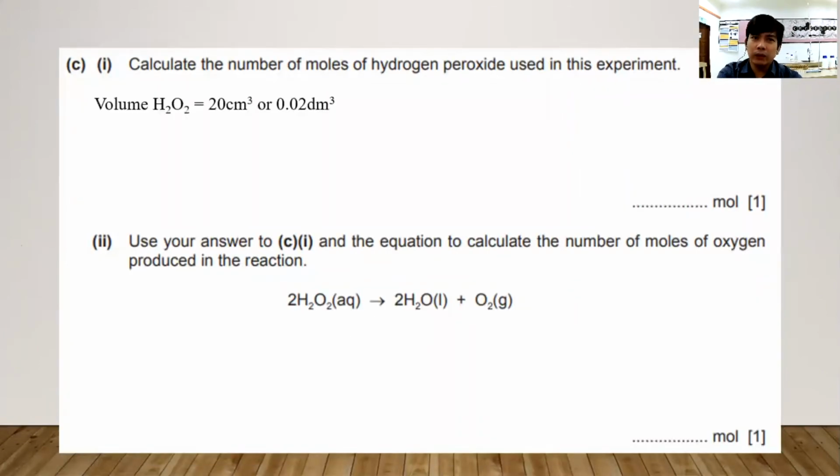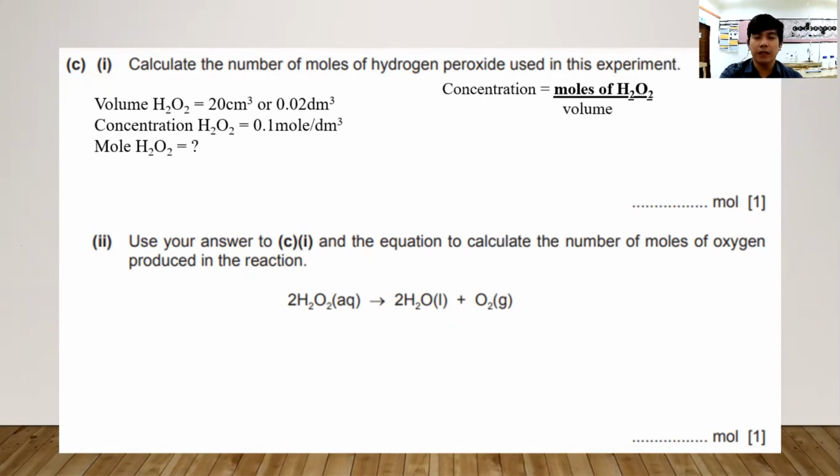So here, we know the volume of H2O2, which is 20 cm cube. Divide it by 1000, so that will be 0.02 dm cube. Then the concentration of H2O2 is 0.1 mole per dm cube. We first identify the moles of H2O2. Concentration is equal to moles of H2O2 over the volume. Concentration is 0.1 equals moles of H2O2 over 0.02.